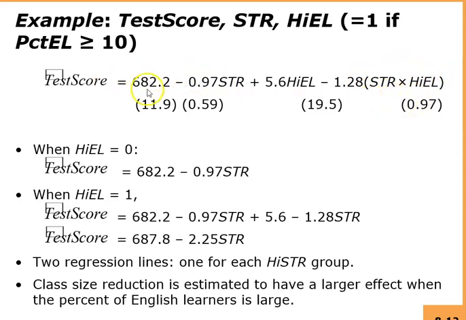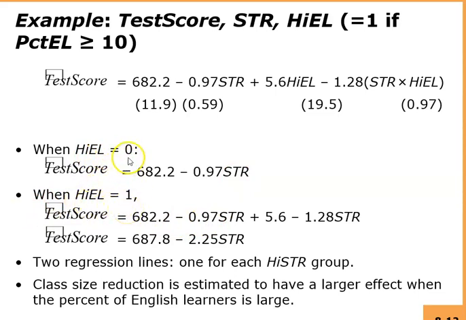So when we estimated this equation, the following coefficients were obtained along with these standard errors. So just like what I explained in the previous slide, you have to look at two different equations for when high EL takes the value of 0 and when high EL takes the value of 1.